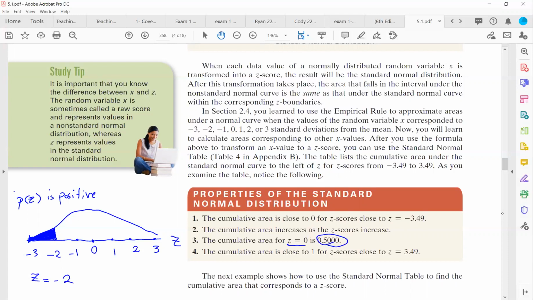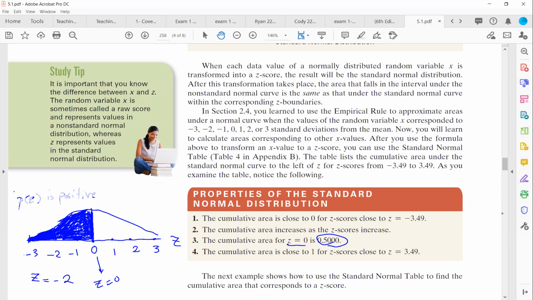Why? If my z is 0, it means that I'm just dividing the graph in halves, and the probability distribution function includes the area on the left-hand side of 0, which is just 50% of the shape.